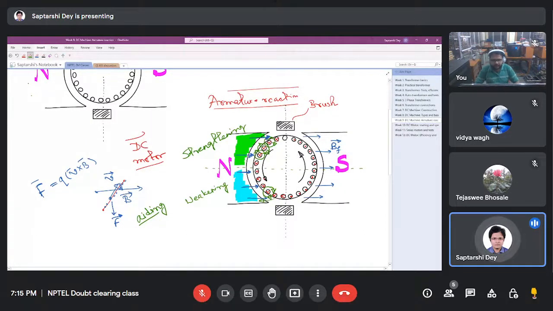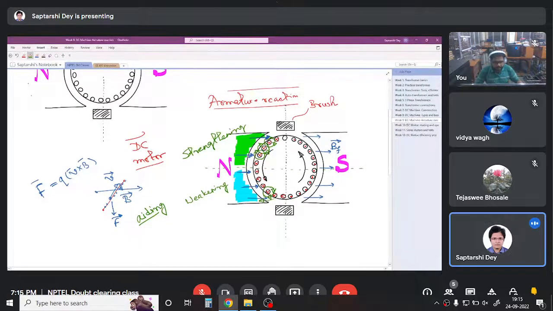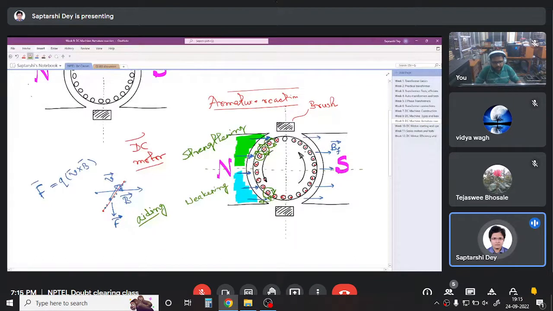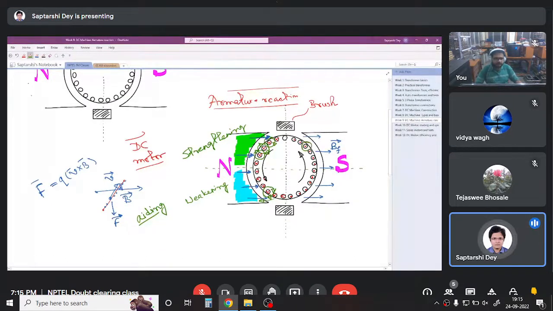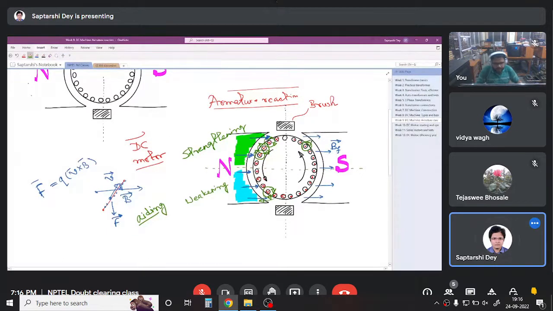So let us look at the other side now. Here we have a conductor. Let us take this conductor, and it is creating a magnetic flux. If we apply the right hand thumb rule, it is anti-clockwise, so in this direction. Is it clear?